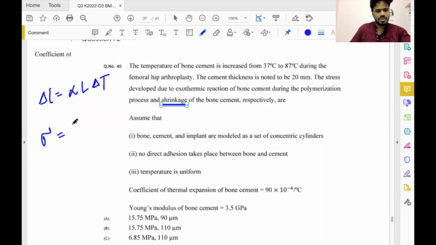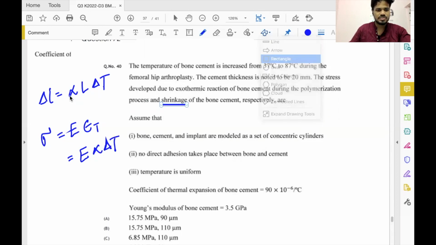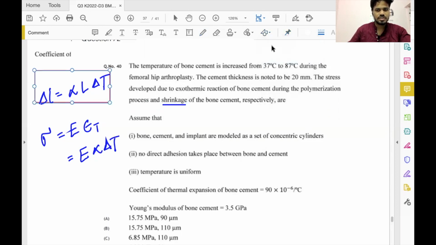Sigma should be E times epsilon T. Okay, so E times, there are some signs here, but we just need the stress. So it's fine. E times epsilon T is alpha delta T. Okay. So using this relation, this is shrinkage, and this is the stress.